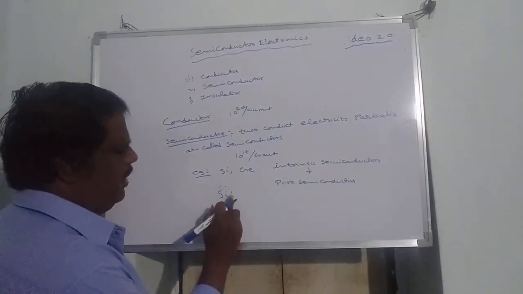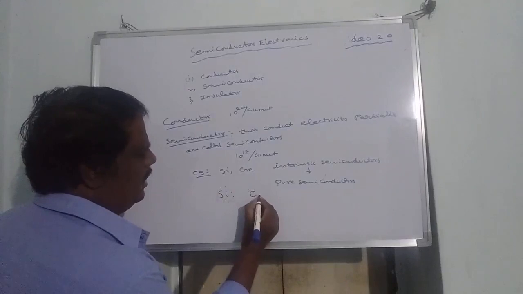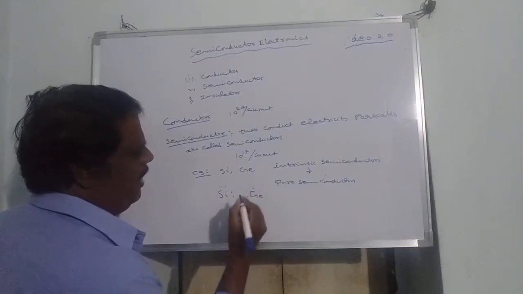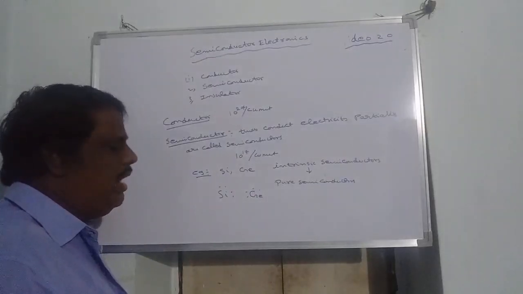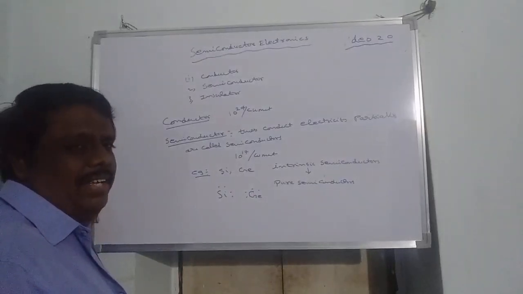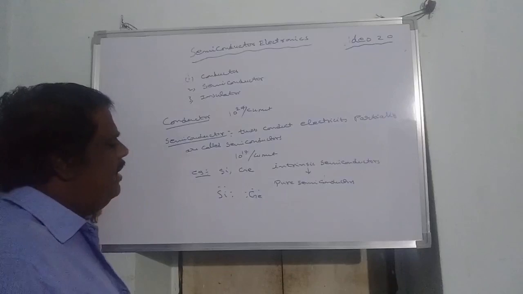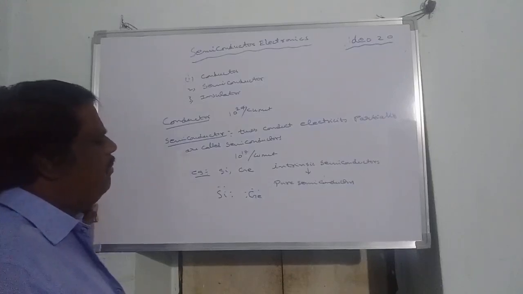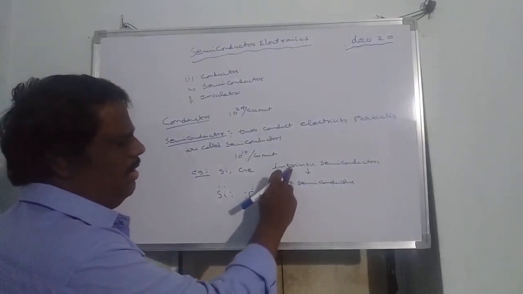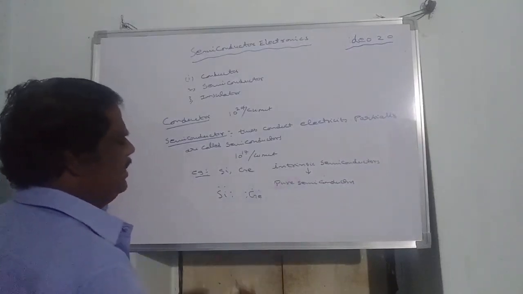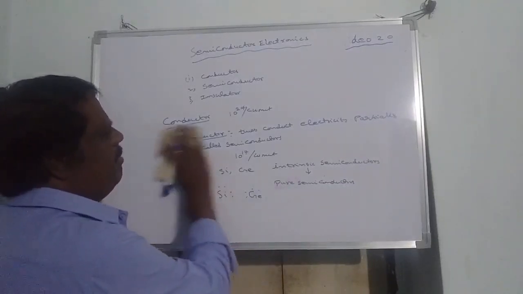Valence electrons are shown with dots. Germanium also has 4 valence electrons in its outermost orbit. They are called tetravalent. Silicon and germanium are called pure or intrinsic semiconductors.